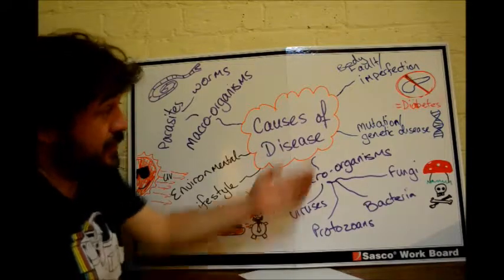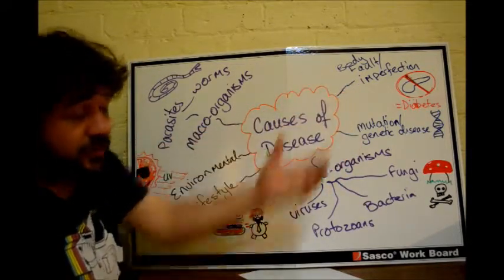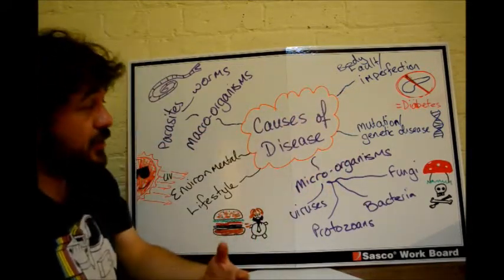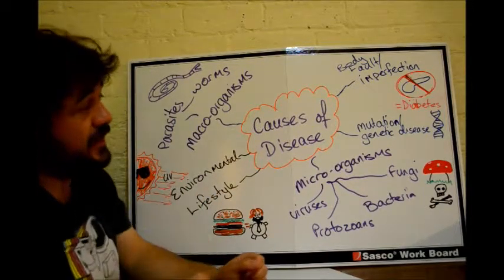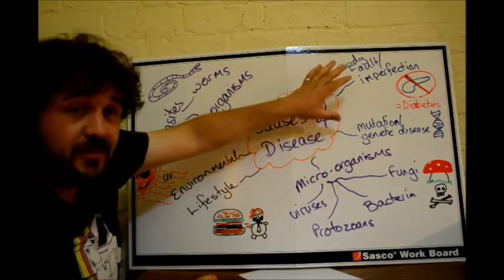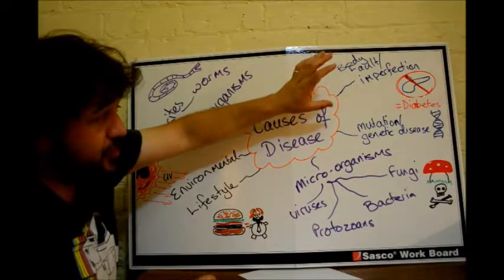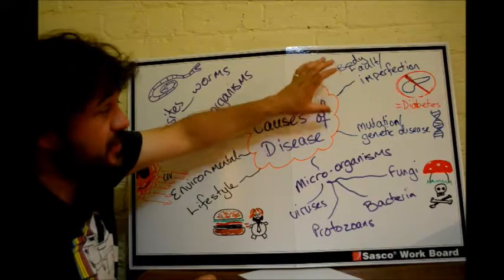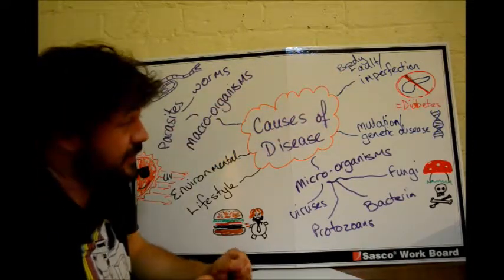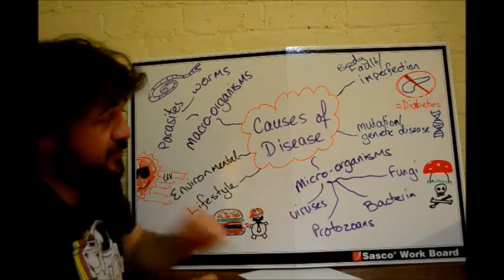It can be, again, a mutation, so even further down here, or you could just be getting older, or you could be putting stress, which comes down here, onto your pancreas. If your pancreas stops working, you will either not produce insulin, or you will produce too much, and you'll get diabetes.